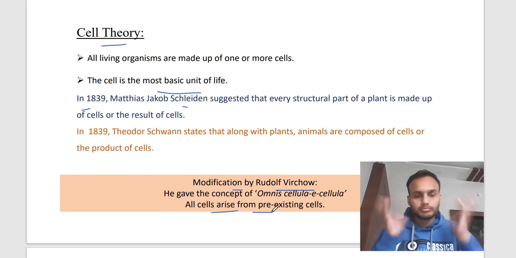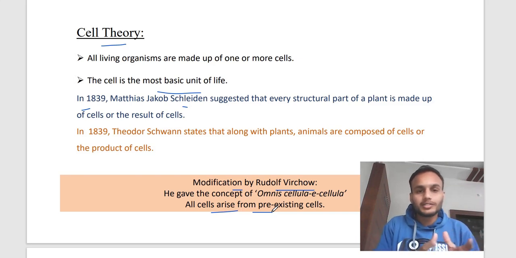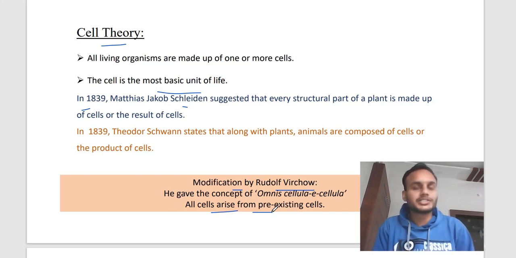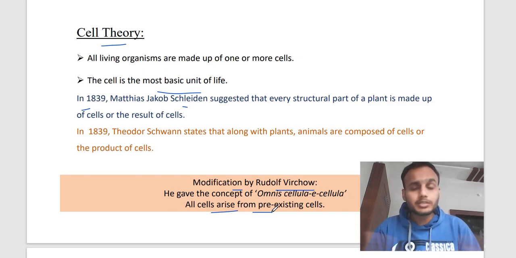Now the question may come to your mind: where has the first cell come from? So it goes to evolution, and the chemical theory of evolution says that simple elements like hydrogen, carbon and oxygen combined to form simple molecules like methane, water and some others. These combined to form compounds, and these compounds combined again to form complex compounds.